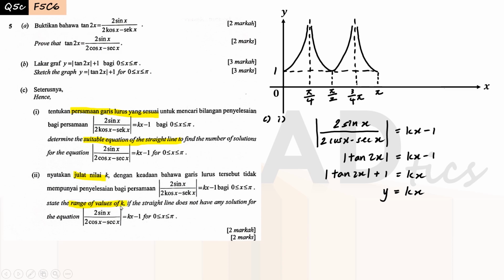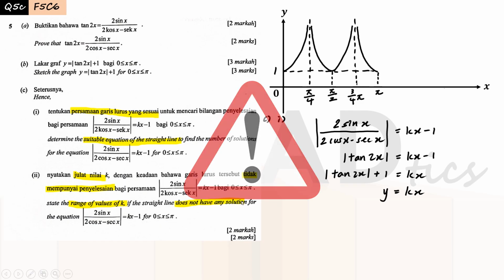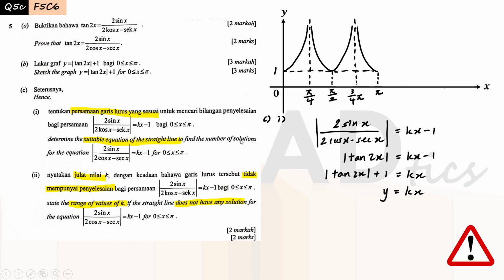For part 2, it says that we need to find the range of values of k, so there will be an inequality, and it says that the straight line we have gotten just now does not have any solution. What does this solution mean? We also saw it in part 1.